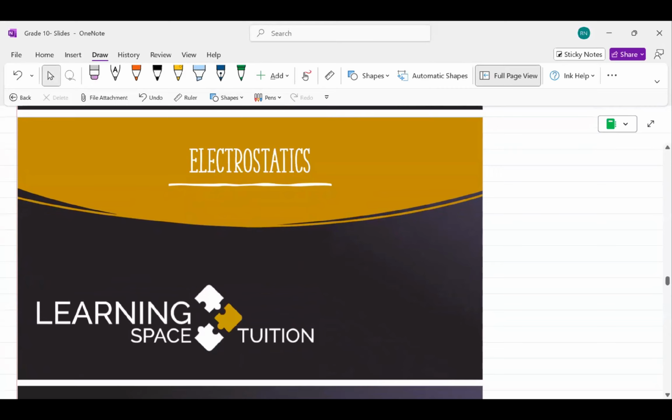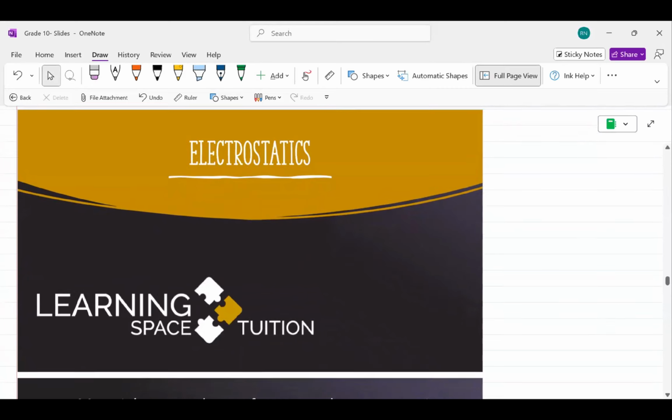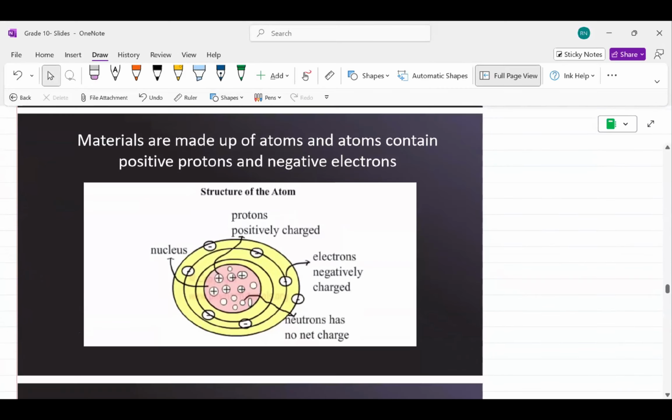Now, I'm going to speed through electrostatics because this one is not that difficult. So we know that atoms have positive protons and negative electrons, right?